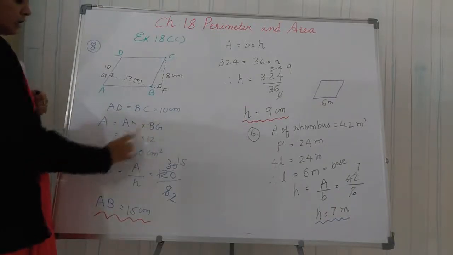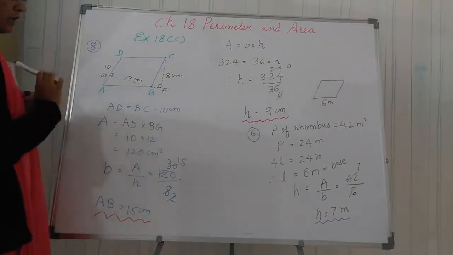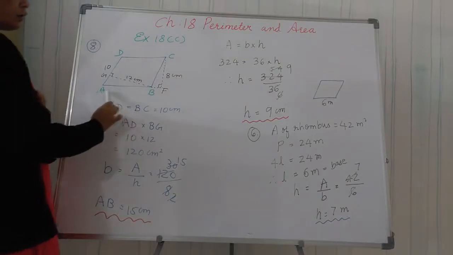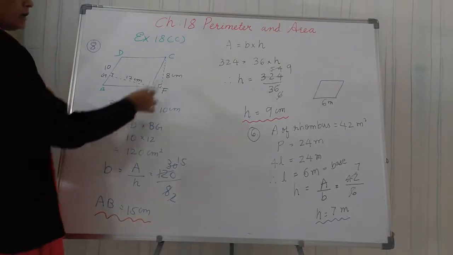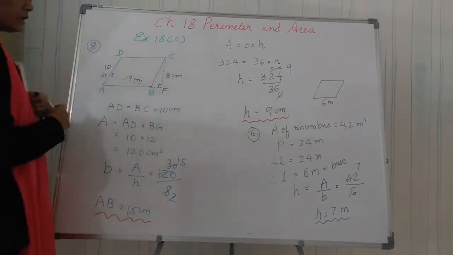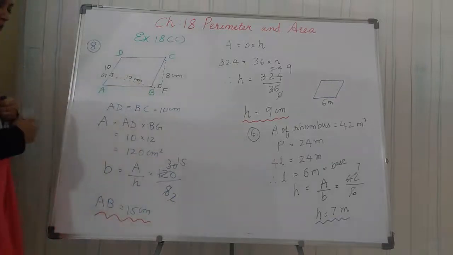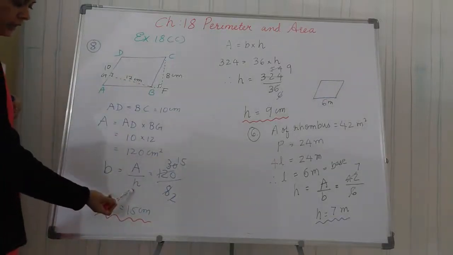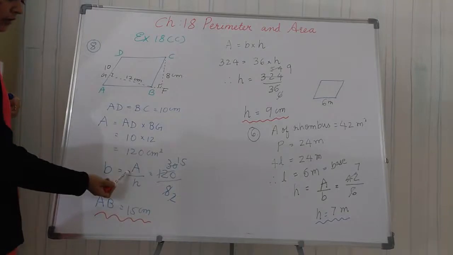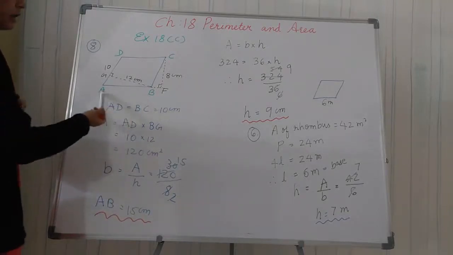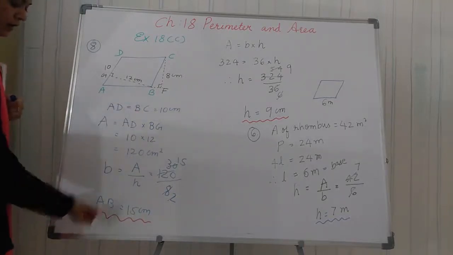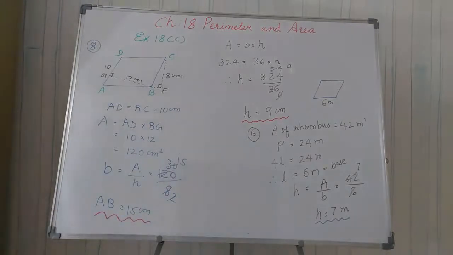So using that, I have found first the area. Then we want to find this side AB, and on it there is a height given, 8 centimeters. So using that height 8 and the area we found, we can find the base AB, and that is the answer, 15 centimeters.